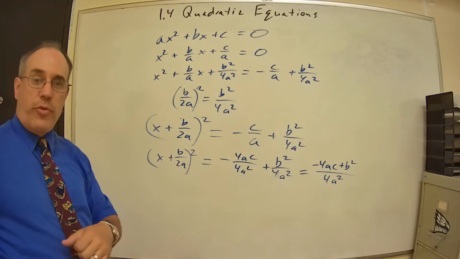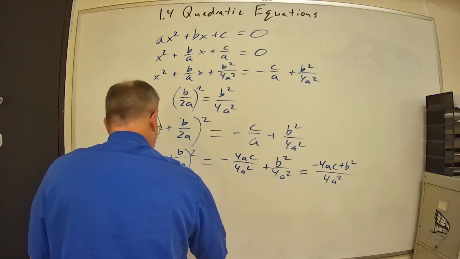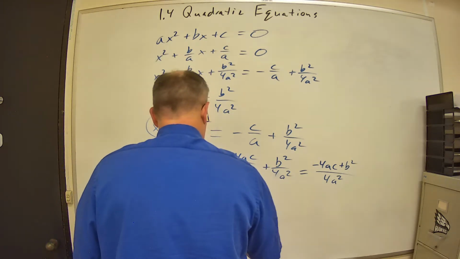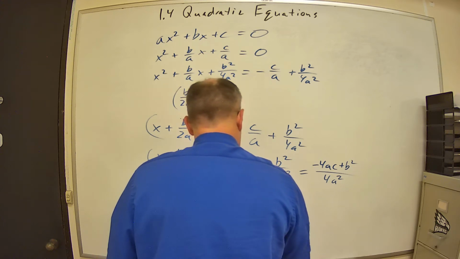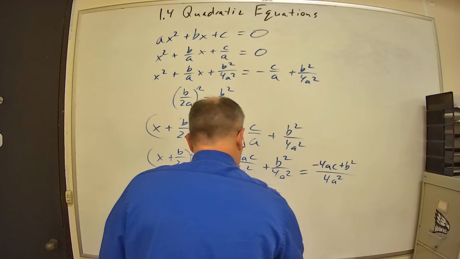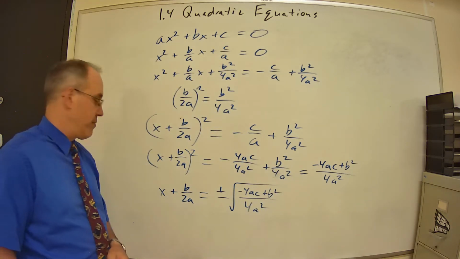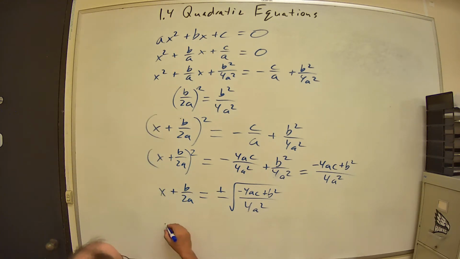Now if I use the square root property, I have x plus b over 2a is equal to plus or minus the square root of negative 4ac plus b squared over 4a squared. I subtract b over 2a from both sides.